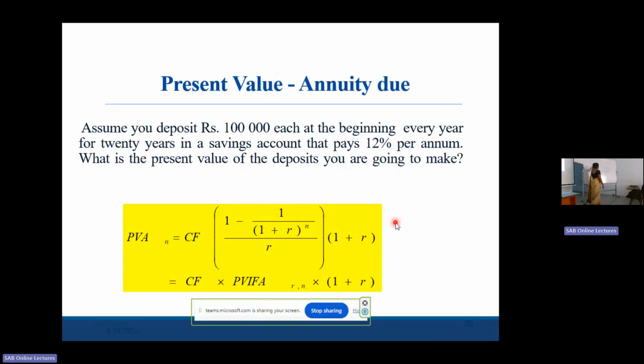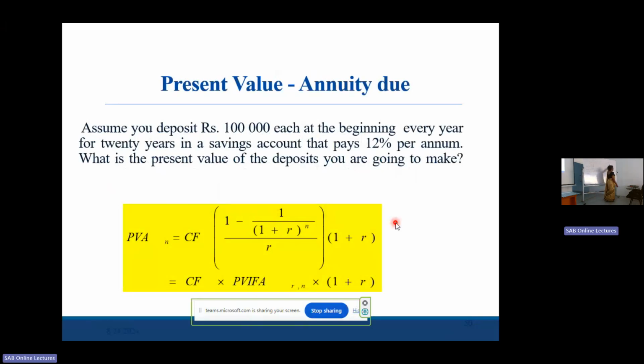If you look at the second 1000 deposit, this occurred at the end of year 2. In order to get the present equivalent value, you have to discount for 2 years. Here, the second 1000 occurred at the beginning of year 2, so to get the present equivalent value you have to discount only 1 year. The last 1000 occurred at the end of year 3, so you have to discount back for 3 years.